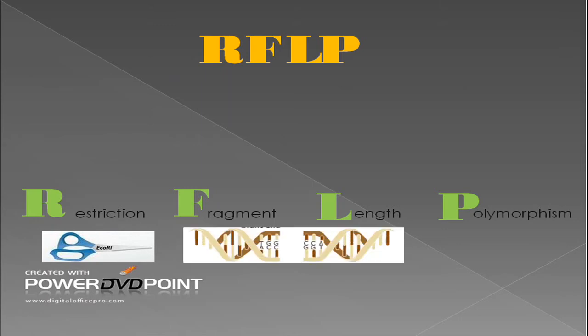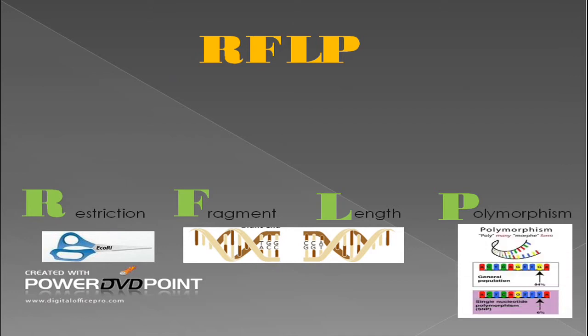Fragment length are the fragments which are obtained from the cutting by these REs. And what is polymorphism? Poly means many and morph means forms. So these are the many forms of the gene which are present on the same locus at the chromosome and within a given population.